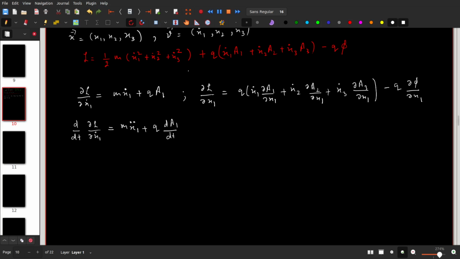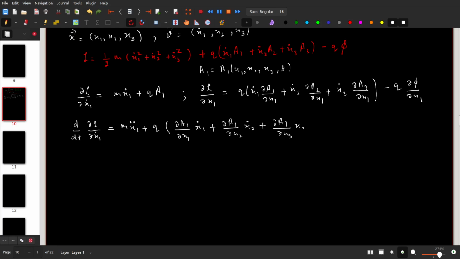If we assume that A1 is a function of x1, x2, x3 and also time, then dA1 by dt will be equal to the partial derivative of A1 with respect to x1, then dx1 by dt, which we denote as x1 dot, plus the partial derivative of A1 with respect to x2, x2 dot, plus the partial derivative of A1 with respect to x3, x3 dot, and finally the partial derivative of A1 with respect to time.